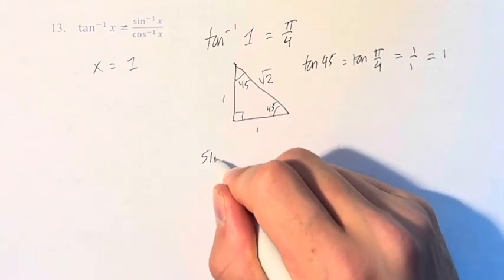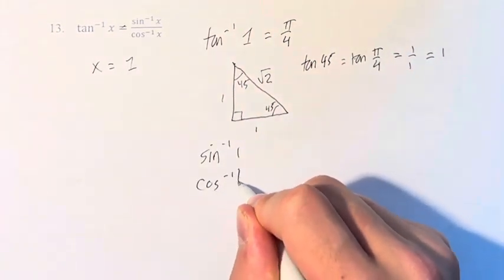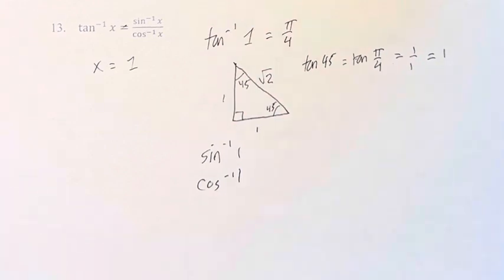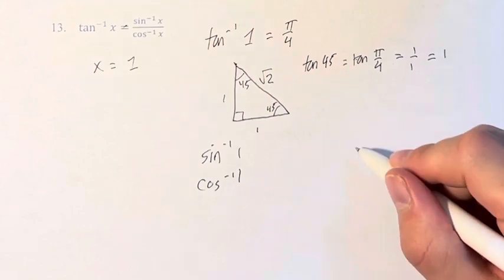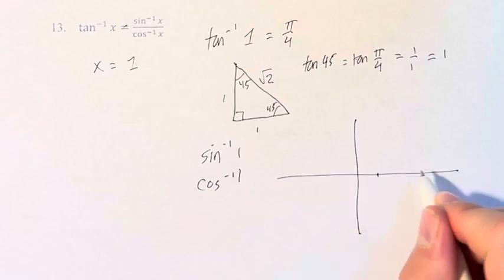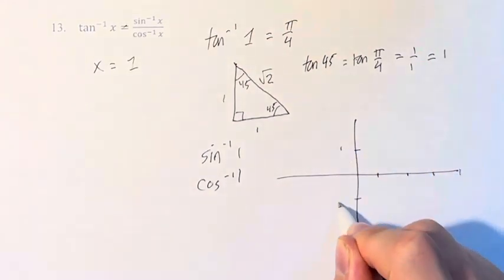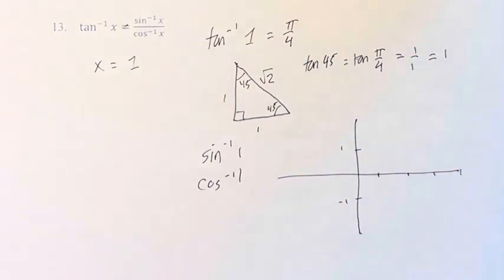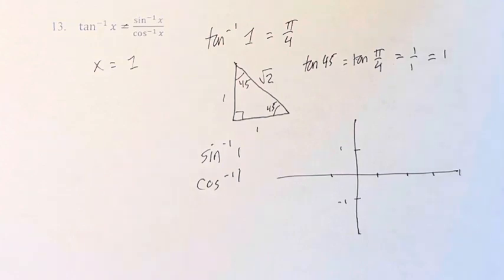For sine inverse and cosine inverse, I think it's just going to be easiest to do this by looking at the graphs of these functions. If we are looking at these functions, I will draw them over the intervals in which we take their inverses, because obviously it's very restricted.